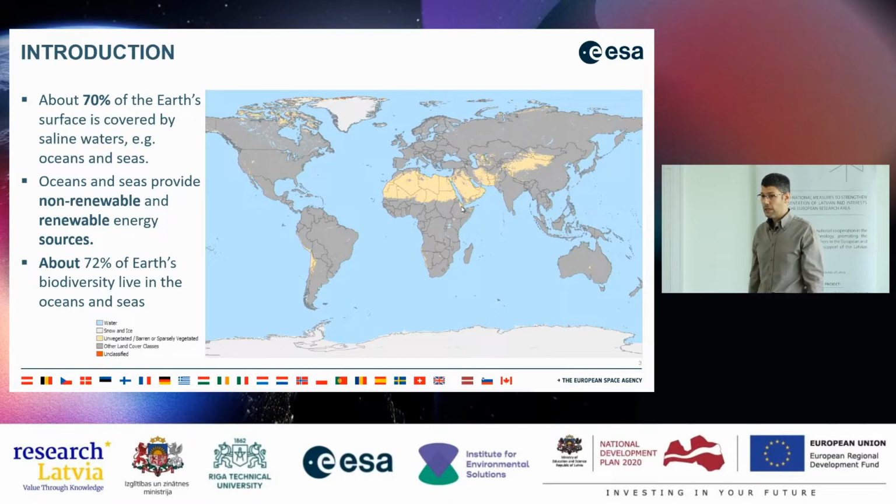So if you think about oil exploitation from the seabeds, and if you think about offshore wind farms, then you have these kinds of sources. And another important point is that 72% of Earth's biodiversity lives in oceans. So that's why you want to protect it, right?